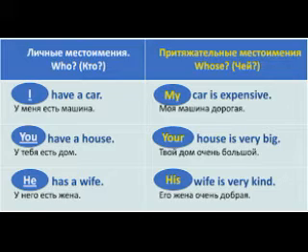He speak or he speaks. You know, my friend, I, we, you, they plus verb, he, she, it plus verb plus s. So if you have he, she, it, you need to add s. It's a general rule.